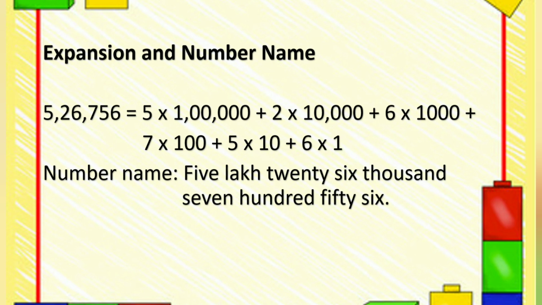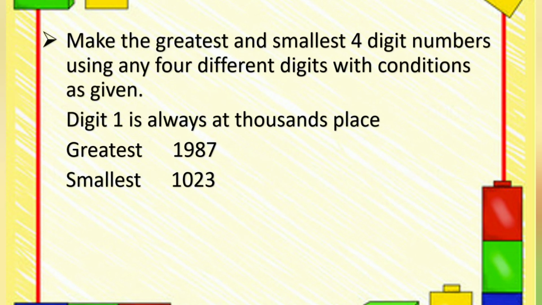Now number name, that is 5,26,756. Now children, you have to make the greatest and smallest 4-digit numbers using any 4 different digits with conditions as given.